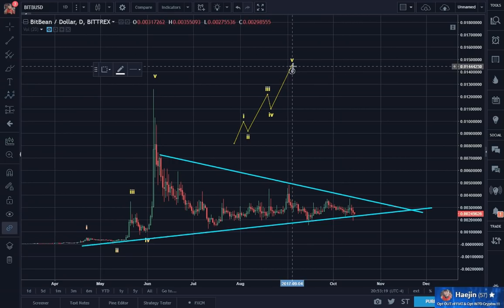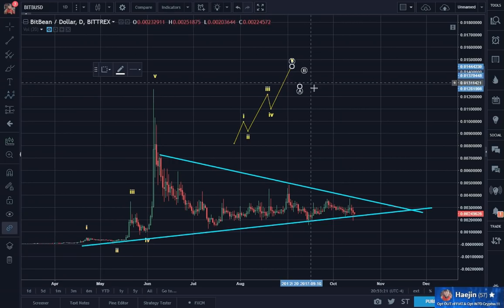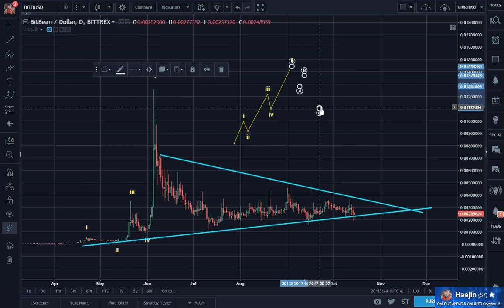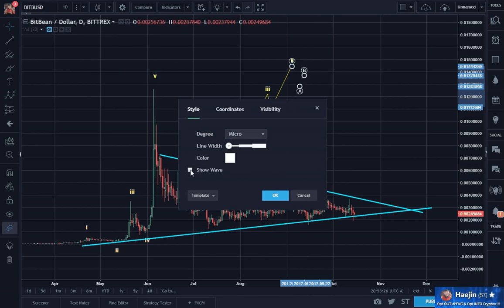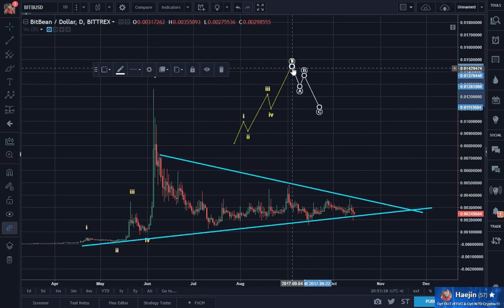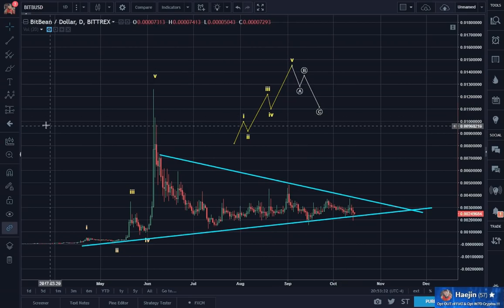One is called a zigzag, where there are 5 subwaves, 3 and 5. They're called 5, 3, 5.